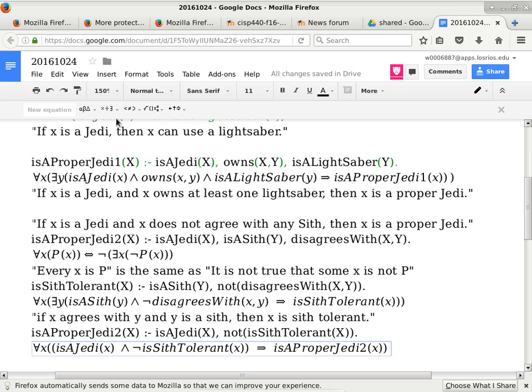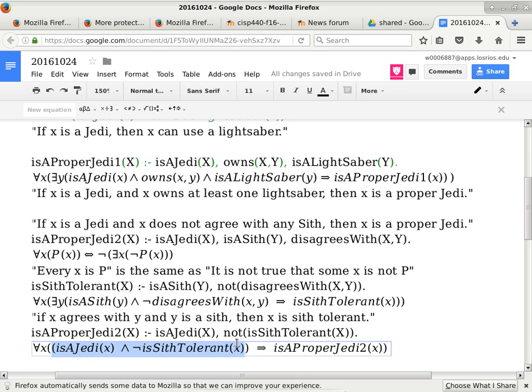Because of the implication. Because this is an implication, let me highlight the part that is an implication. When x is bound to R2D2, then is a Jedi R2D2 is false. That will make the whole conjunction false, because R2D2 is not even a Jedi, so we won't even need to consider whether R2D2 is cis tolerant or not.